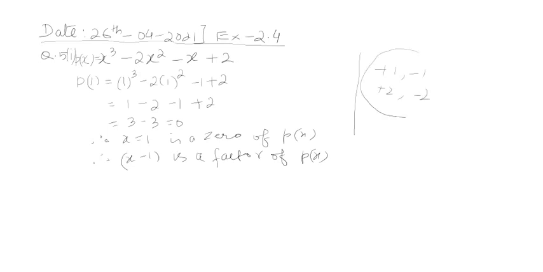I have to take the values one by one until it shows 0. Maybe 1 will not show 0, so I'll take the next value. Minus 1 I'll try. If it doesn't show 0, I'll take 2, and if it doesn't show 0, I'll take the next value. Like that I'll hit and try. Some value will make it 0. So this I have taken from this. I hope you have understood how this has come. Yes, understood, buddy?